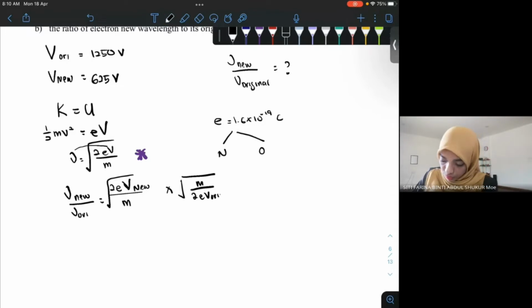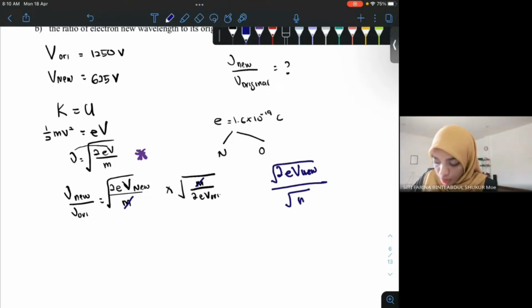Okay, and then as you can see, we have a few constant terms here yang sama, so kita boleh cancel lah. Sebab mass ni akan bahagi dengan yang ini, iaitu dia adalah 2EV new square root m begini.